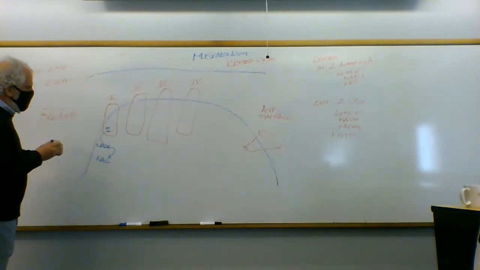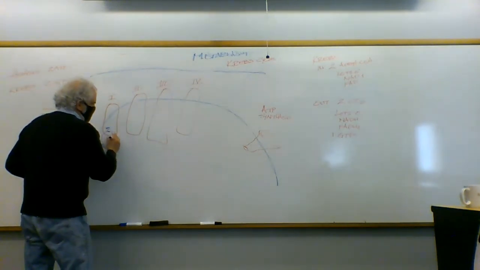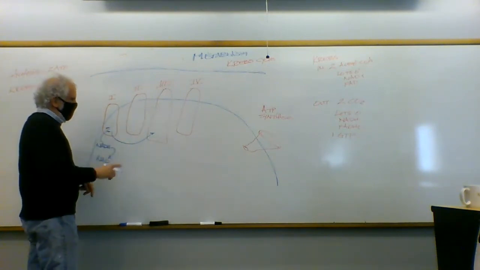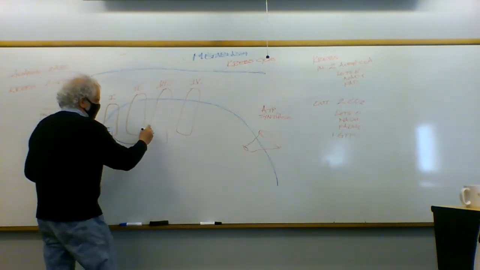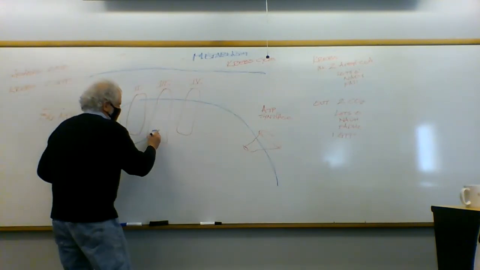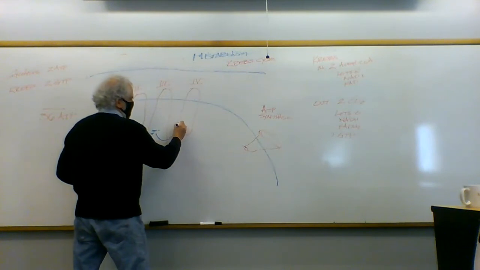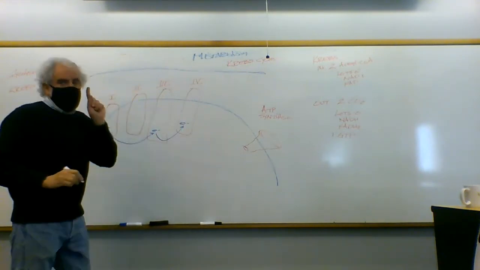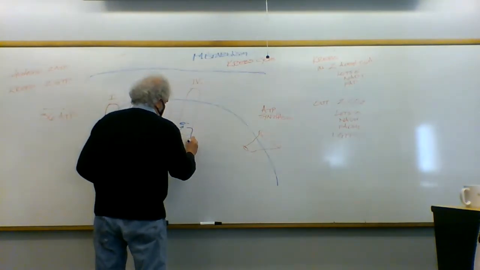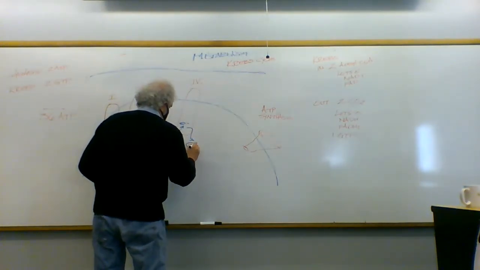Complex 1 is going to hand the electron over to complex 3. We'll get to complex 2 in a bit, but complex 2 is kind of lame. Complex 3 takes the electron and hands it over to complex 4. Complex 4 takes the electron and hands it off to oxygen.